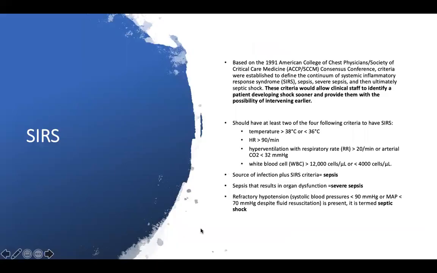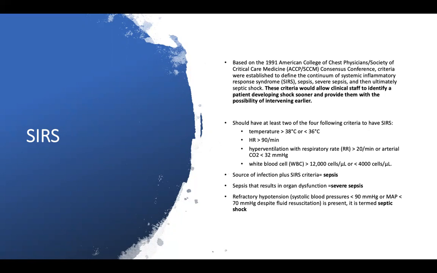All right, let's talk about SIRS. A lot of attention has been paid to this in the last 40 years or so. Based on the 1991 definition of SIRS, which is really what we still use, I just kind of wanted to walk you through what the definition is.